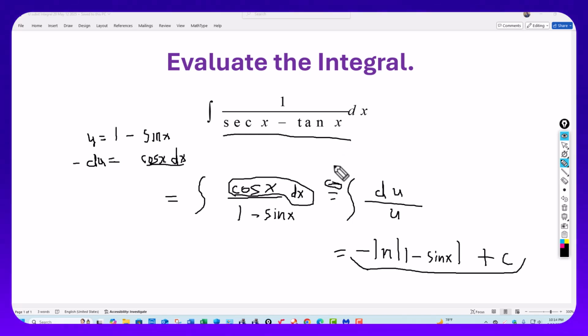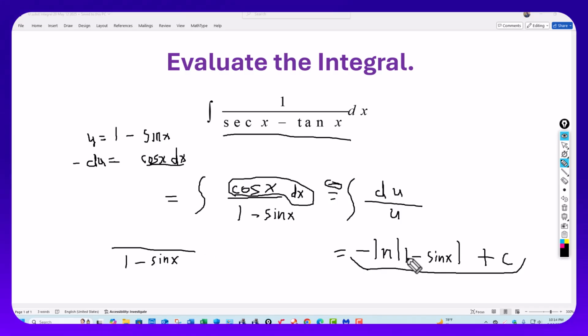Now sometimes the check is more difficult than getting the answer for the integration. But in this particular case, the derivative of the natural log is going to be 1 over whatever you have in there as your argument, 1 minus sine of x. That'll go in the denominator.